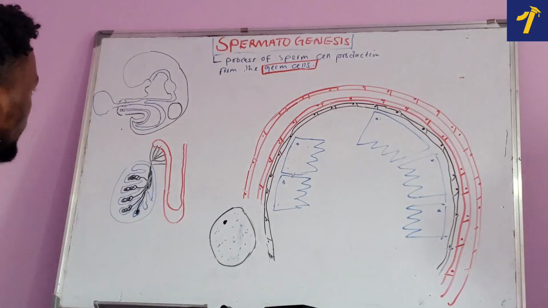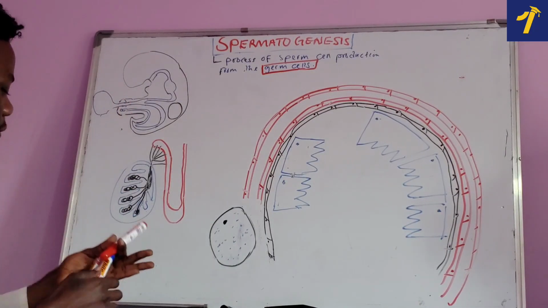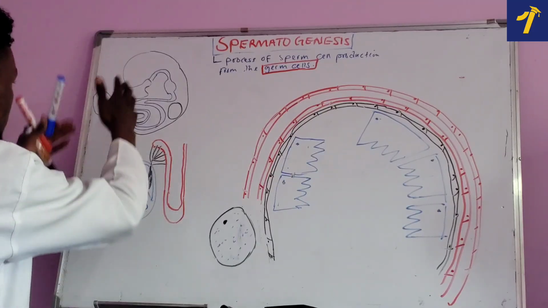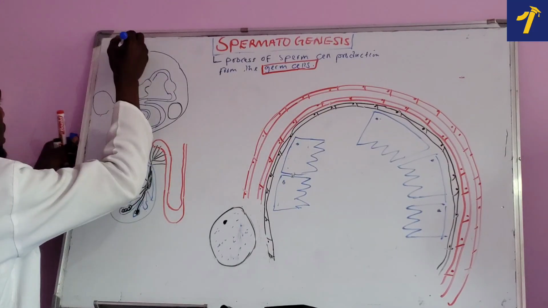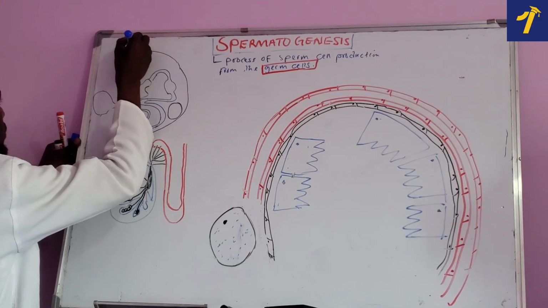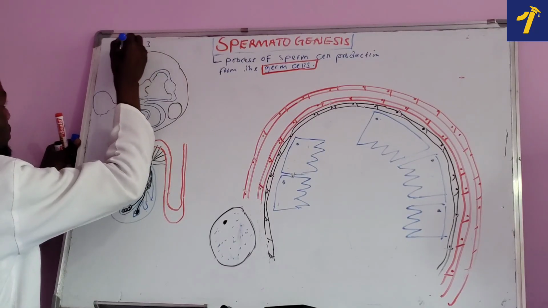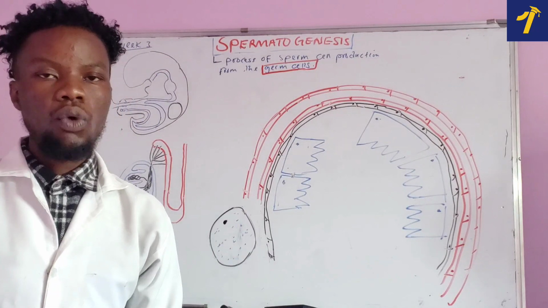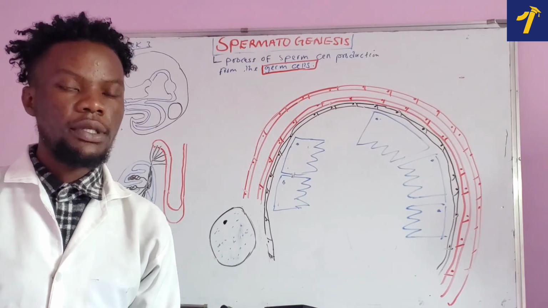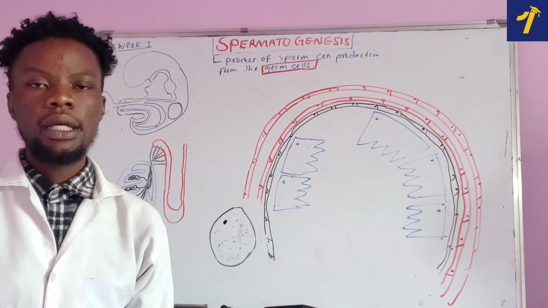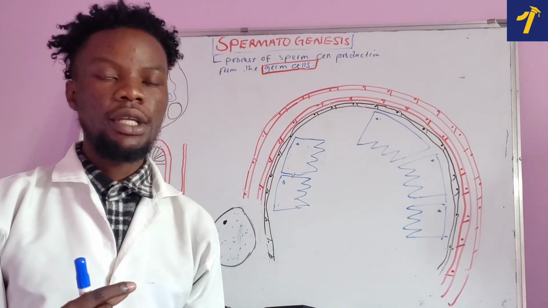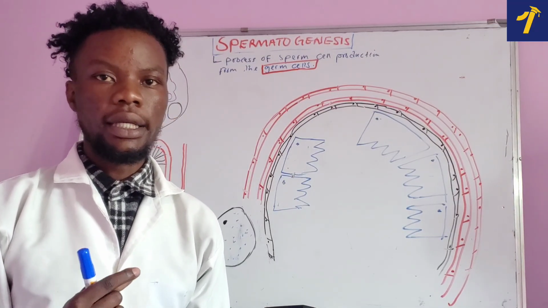Now, this fetal life, let us jump to week 3. This is the week 3 structure of the fetus. But just to remind you, in week 1, can you remember what happens? Week 1, basically, that's where you can find fertilization as well as implantation of the fertilized egg.